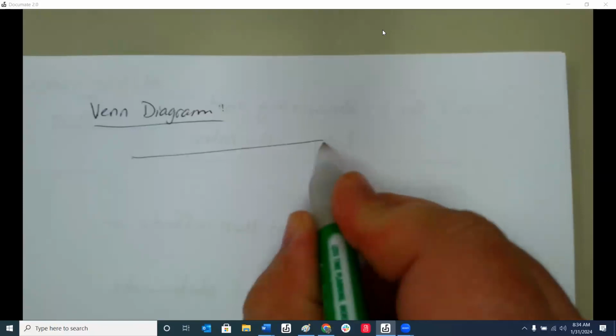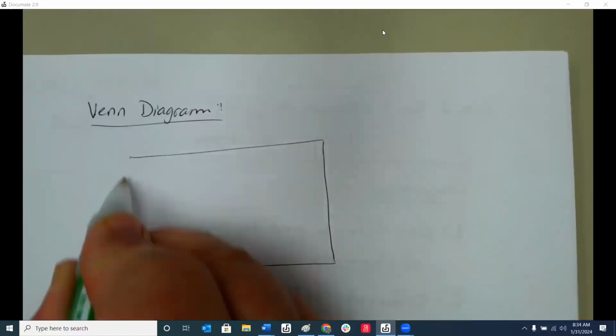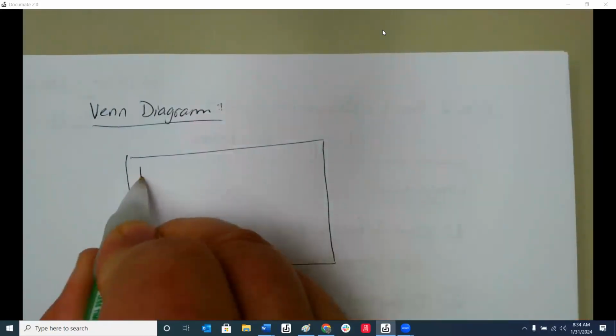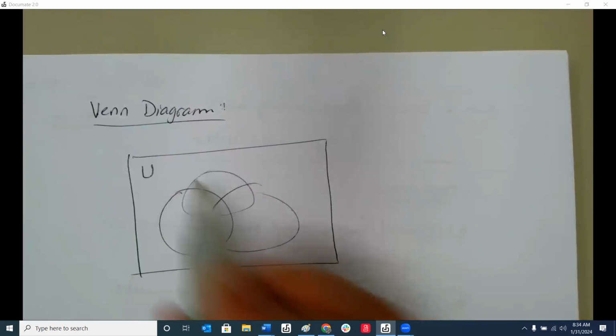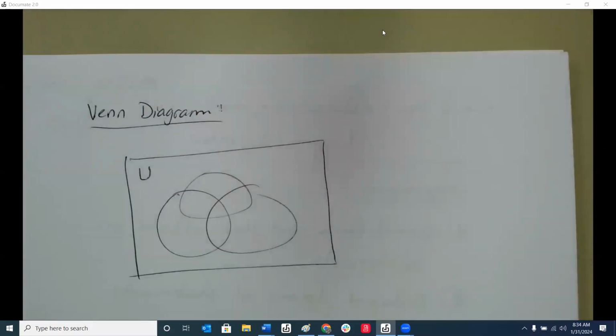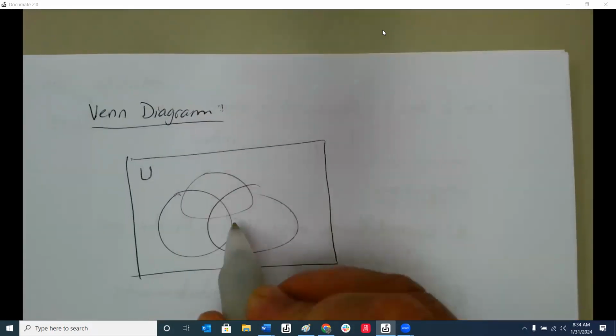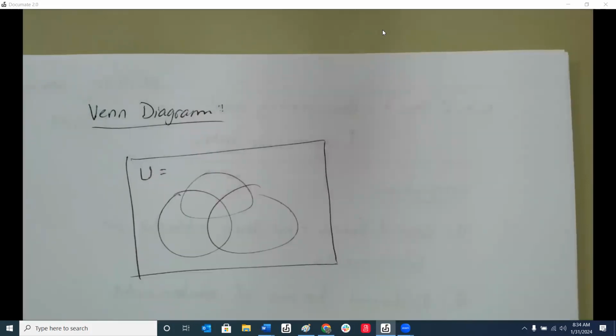In Venn diagrams, you have to have a box around it because you have to define what your universe is. Then you can have your two statements or multiple statements. You can even have 3 or 4 or 5 or whatever. Because whatever is not inside of all these has to remain in the universe.